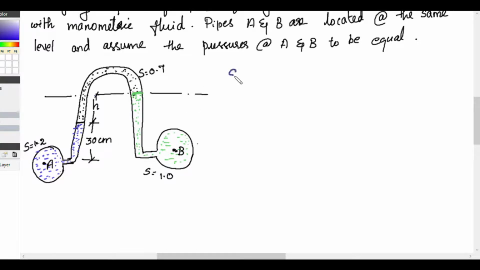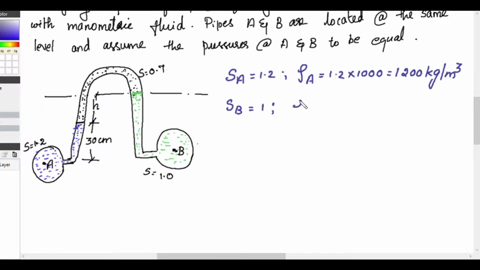That means the density of the liquid at A is 1.2 into 1000, we get 1200 kilogram per meter cube. Similarly, the specific gravity of the liquid at B is 1, so the density of the liquid at B is 1 into 1000, that is 1000 kilogram per meter cube.